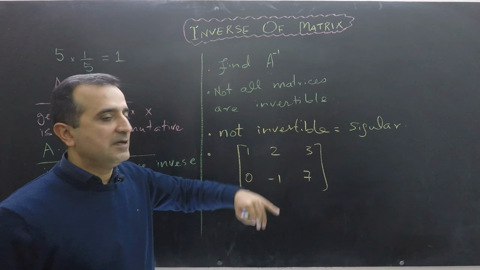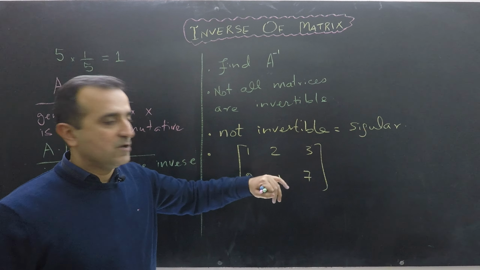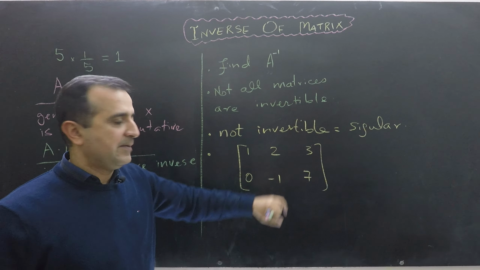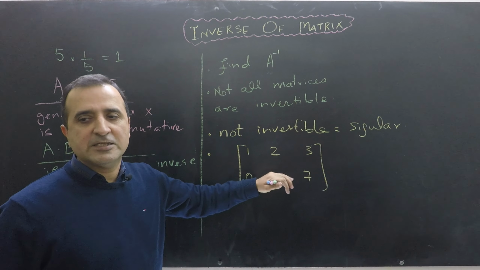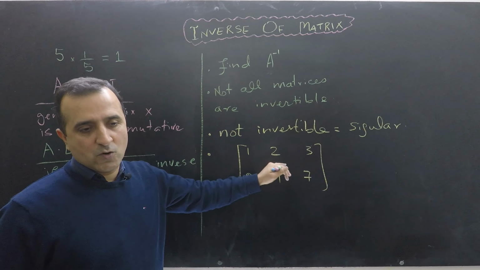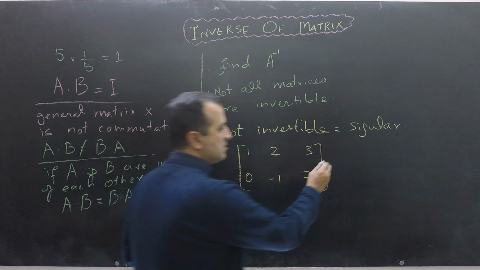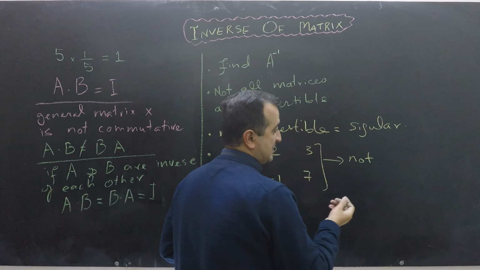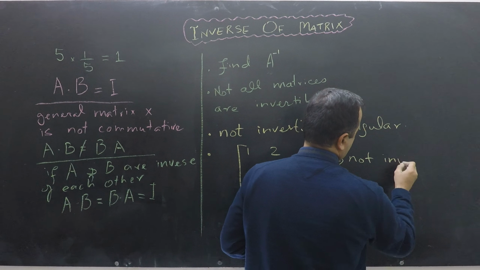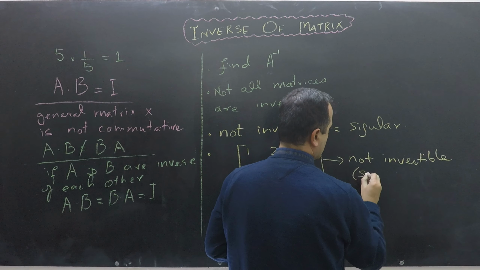It is a singular matrix because it is not a square matrix, because in this matrix the rows and columns are not the same. In a square matrix, the rows and columns must be equal to each other. So not invertible, or singular.